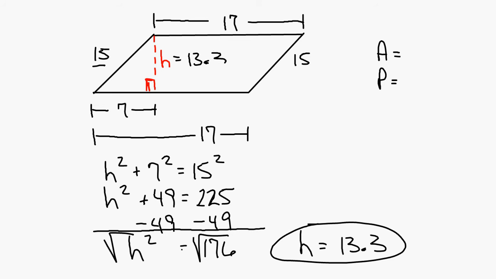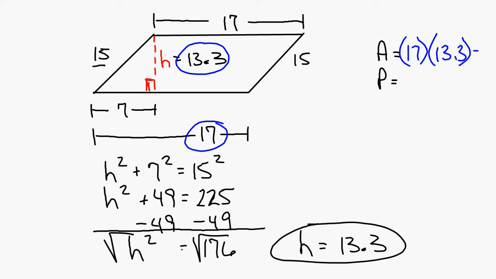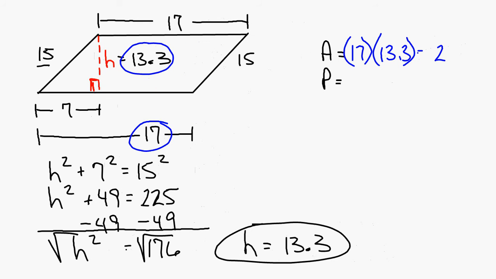So here's your base, 17. Here's your height, 13.3. So the area is going to be equal to 17 times 13.3, which is 226.1.